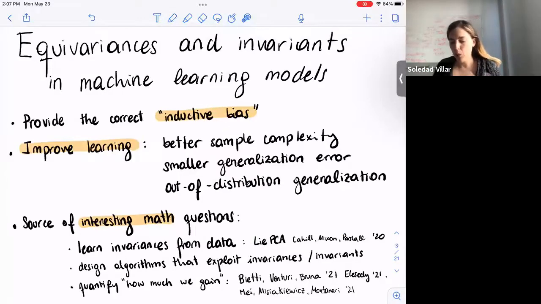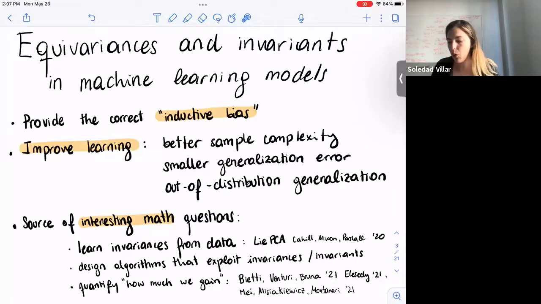One reason is that when we introduce these symmetries, we're introducing the correct inductive biases for the models, meaning that if we know that the laws of physics satisfy certain symmetries, introducing them into the machine learning models will give us the right inductive bias for the learning.